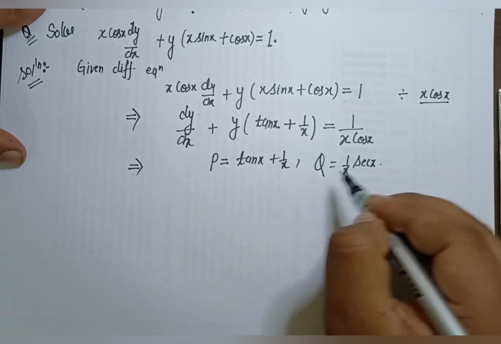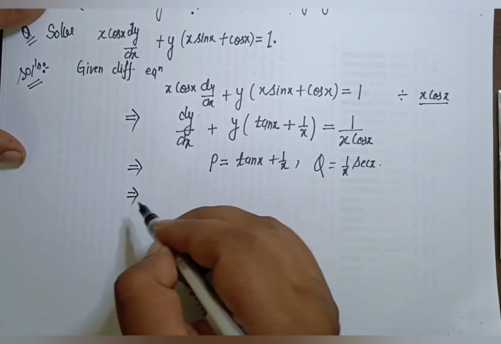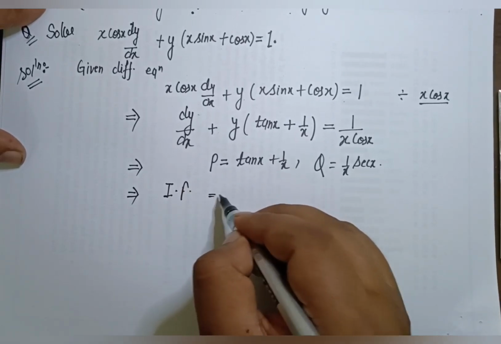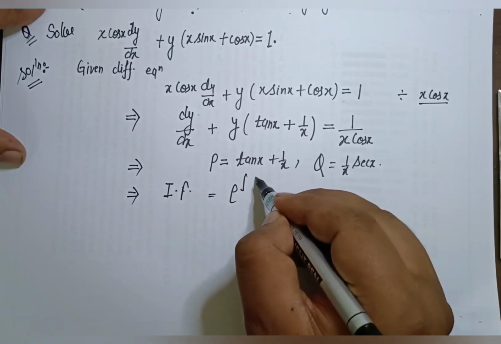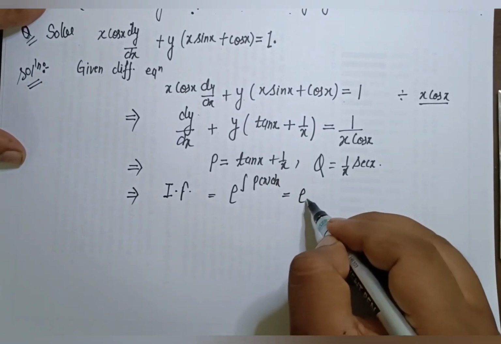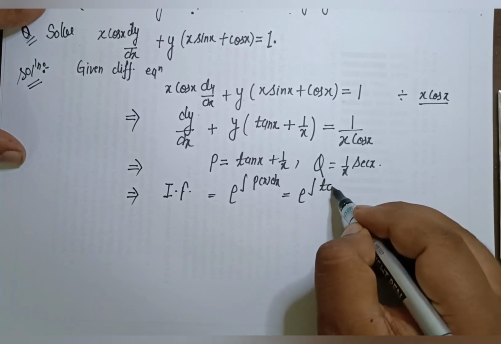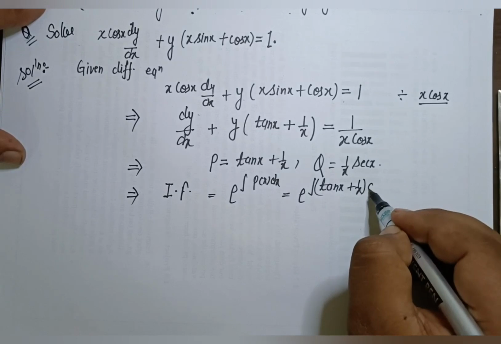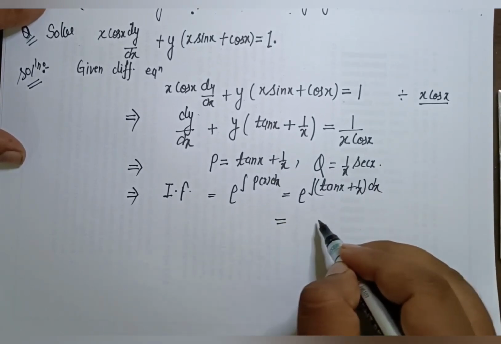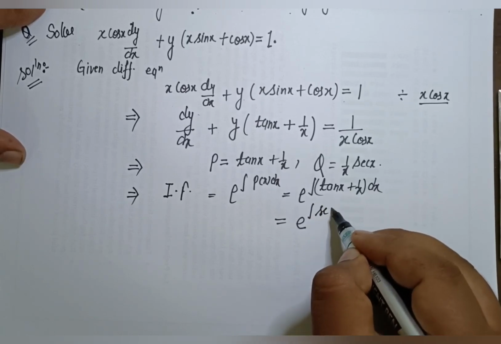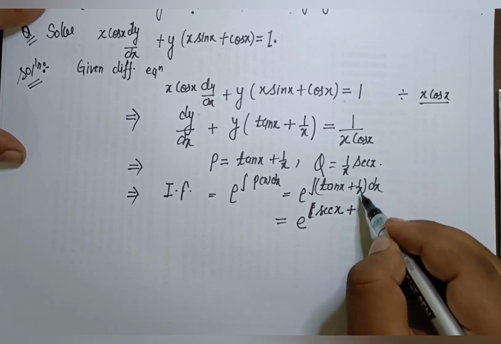Simply after that we operate the third step, that is the integrating factor. What about the integrating factor? e to the power integration of P dx. So e to the power integration of (tan x plus 1 upon x) dx. What about the integration of tan x? That is log sec x. And what about the integration of 1 by x?